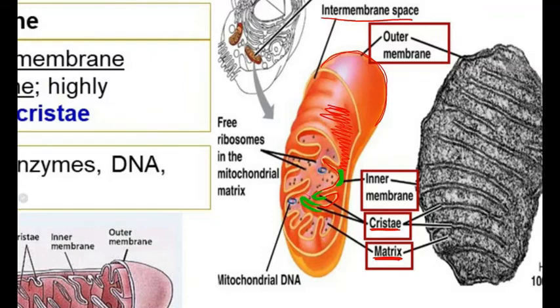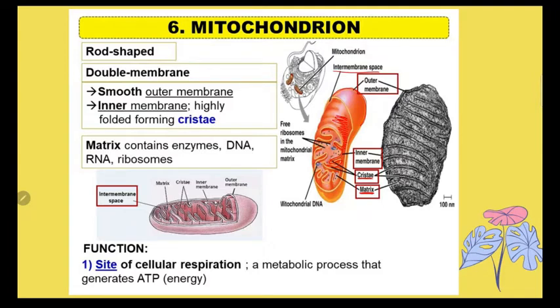Okay, so what is inside the matrix of the mitochondria? Inside the inner compartment of the mitochondria, what is inside? There are free ribosomes inside the matrix of the mitochondria, and there is DNA.